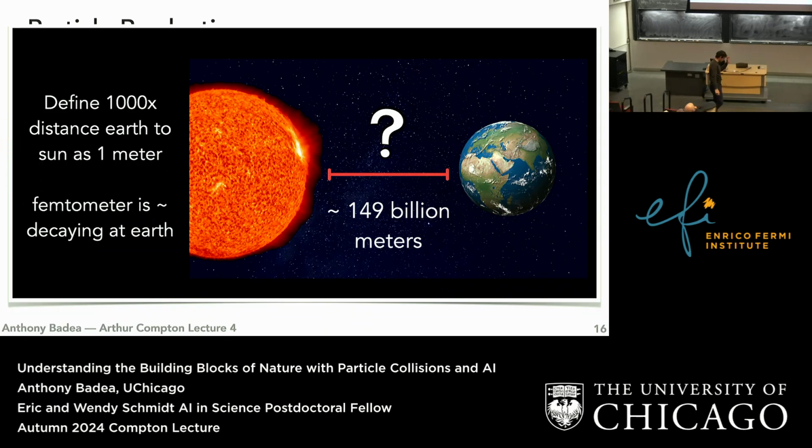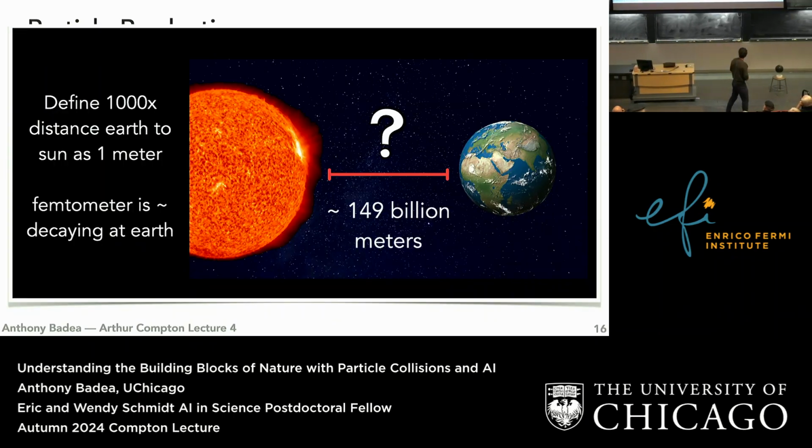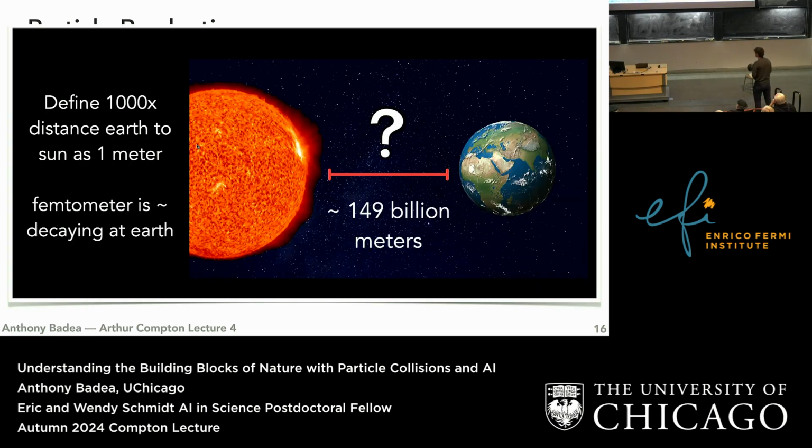So we're talking about extremely, extremely small scales here. Of course, so small that we cannot detect directly the top quark. So it decays, and now we need to ask, what does it decay into? Do we have any hope of actually studying this?